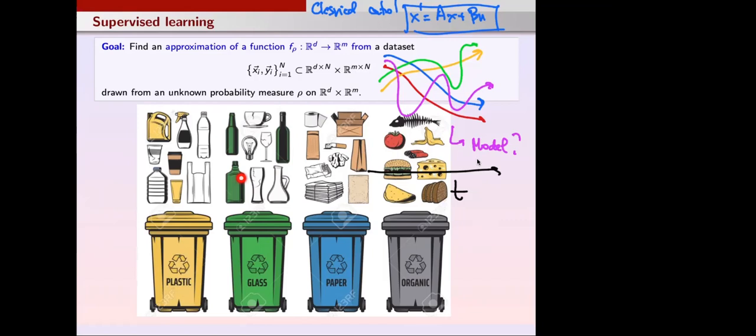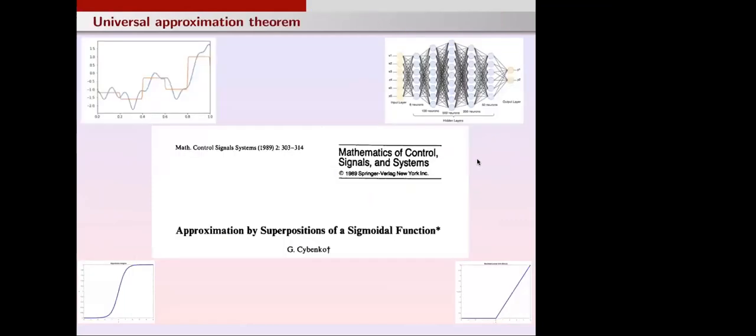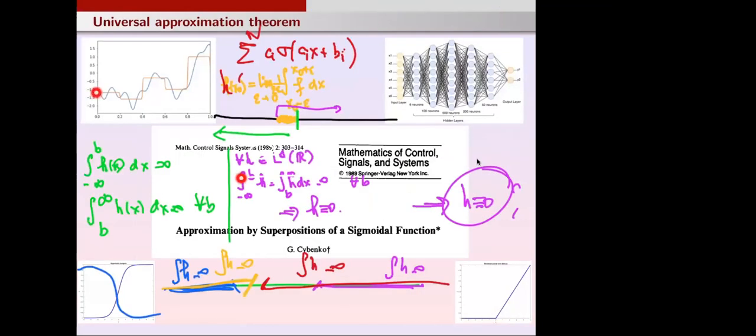Is it true that there are dynamical systems doing this? Yes, there are. Why? Because of what Cybenko said: give me any function and you can build something very, very close to it. It's so close that you will not even be able to see the difference.